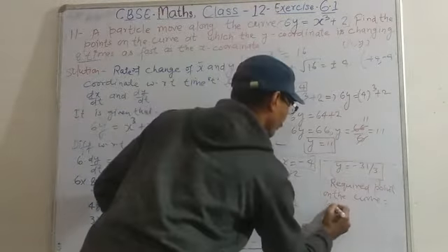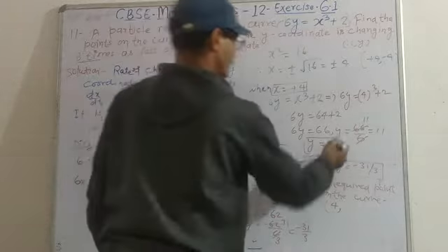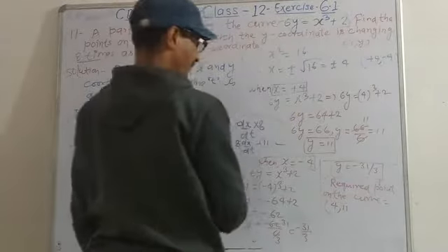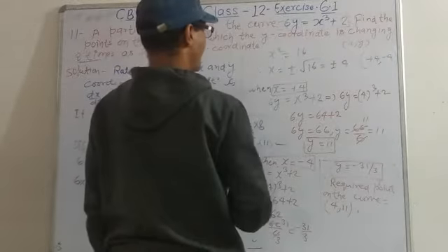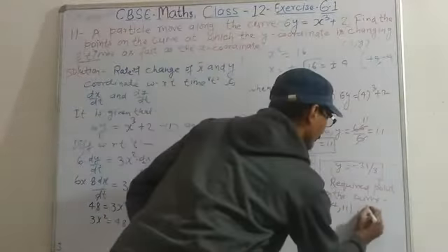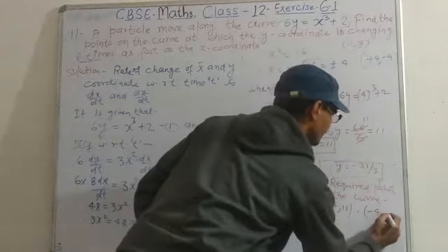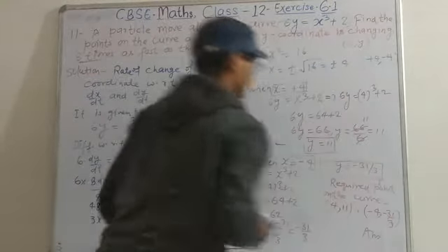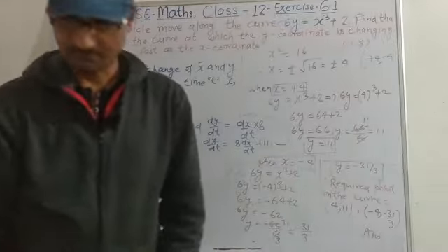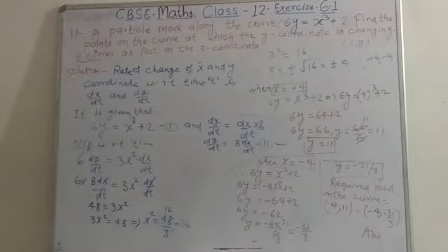So x was 4 and y is 11. In the second case, x is −4 and y is −31/3. So this is the answer of question number 11.